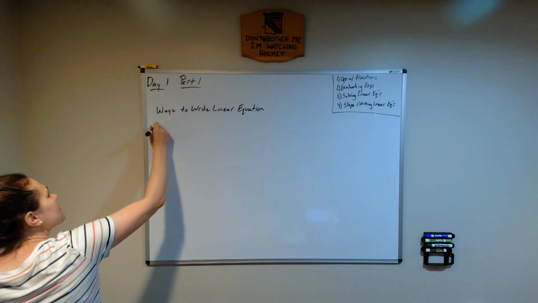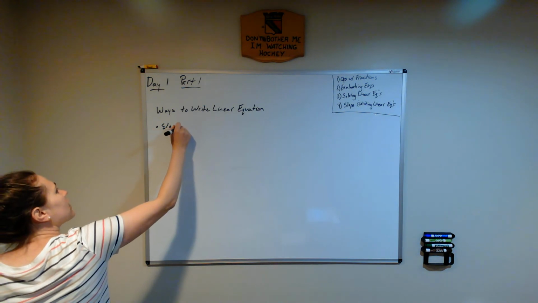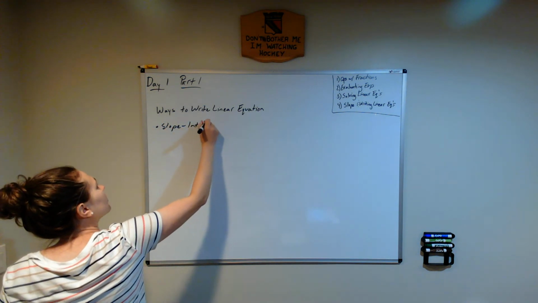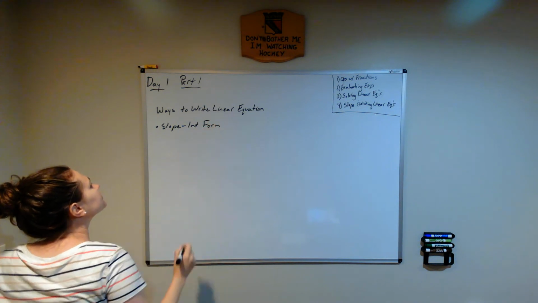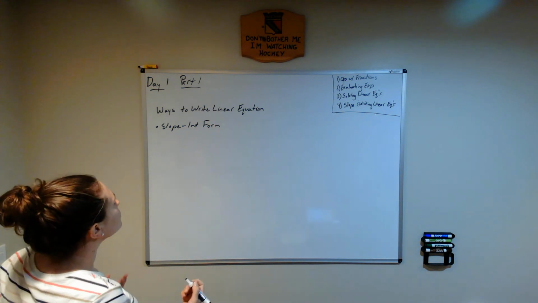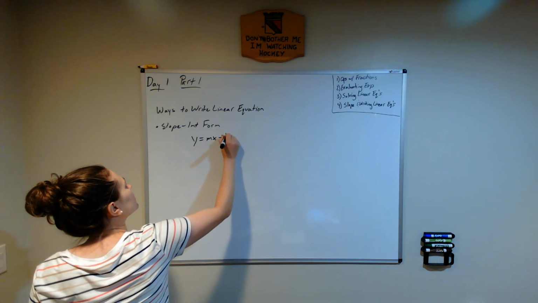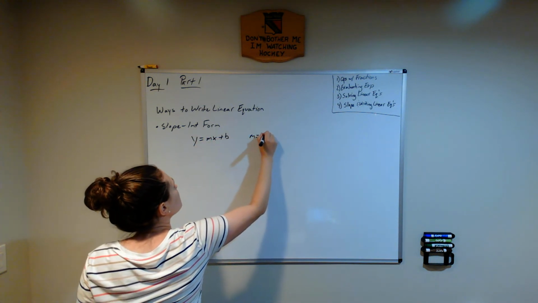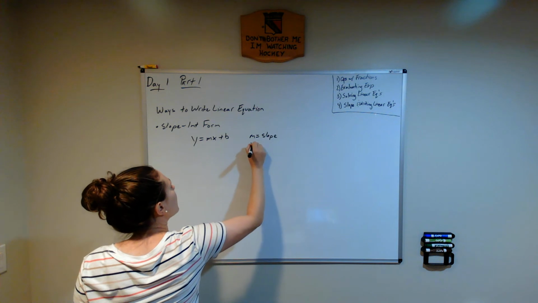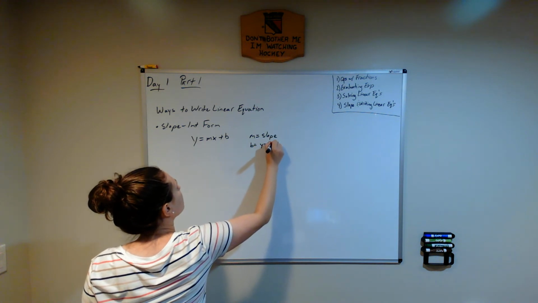Okay? One you're most familiar with probably is called slope-intercept form. And in slope-intercept form, it looks like this. y equals mx plus b, where m is the slope of the line and b is the y-intercept.